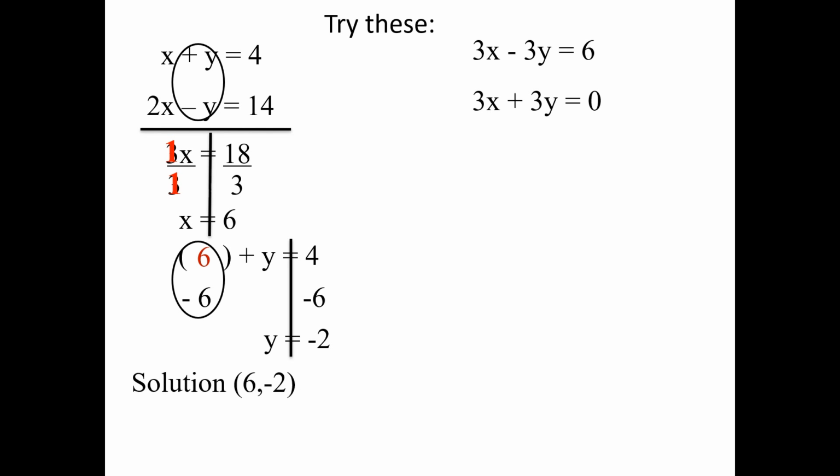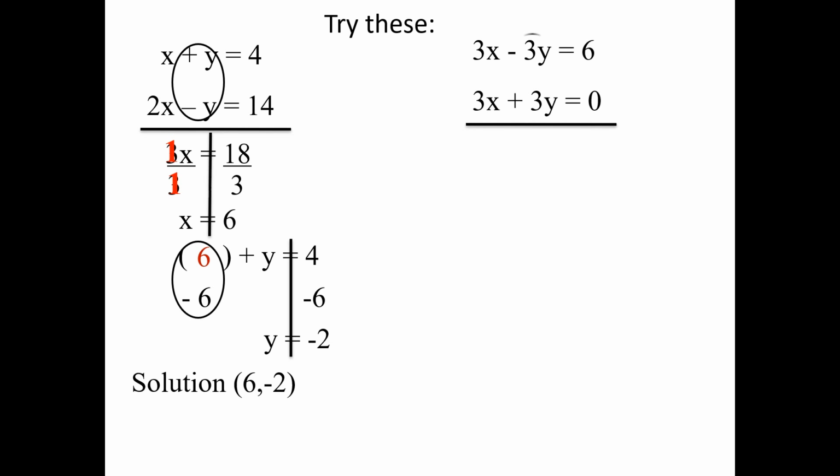Over here, we've got 3x minus 3y equals 6, and 3x plus 3y equals 0. Notice that we keep having the same value on the coefficients. There's positive and negative. So it's a -3 and a +3, and they cancel out. That's kind of what you need to happen for elimination to work.